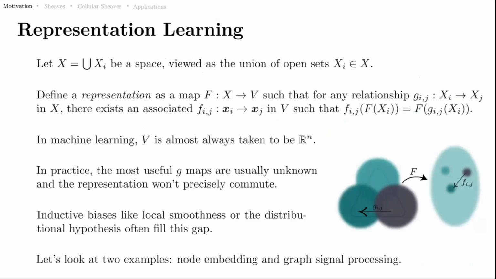So if we view our data space as some topological union of sets, we define our representation as just a map that takes us from this data space into some representation space. And if we have some sort of relationship that's given by maybe a map G, we would like this relationship to be recoverable within our representation space in a way that's commutative in a sense.